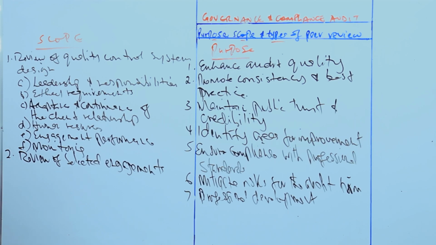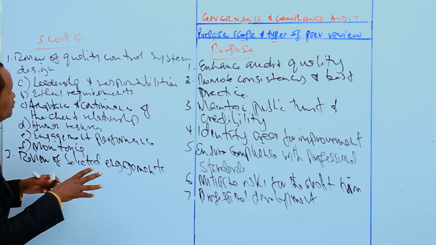And that may include assessing whether the scope of the engagement was appropriate, or whether sufficient evidence was obtained to support the conclusions, or whether findings were adequately supported and reported, and so on.